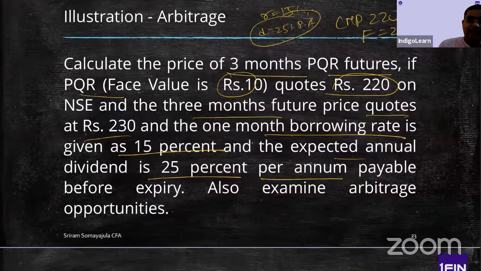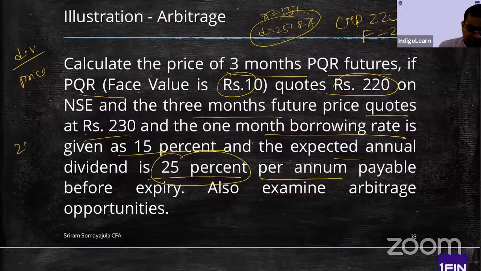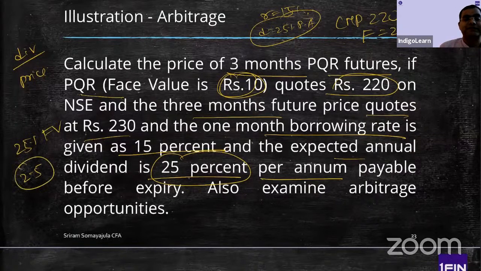Dividend yield is, what is dividend yield? Dividend yield is dividend by price of the stock. That is dividend yield. Here they have given 25% of face value. Not book value, I'm sorry, 25% of face value. So 10 rupees into 25%, 2 rupees 50 paisa, that is the dividend.